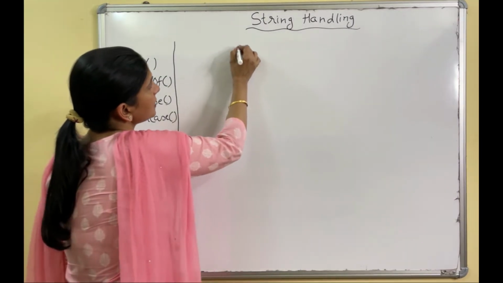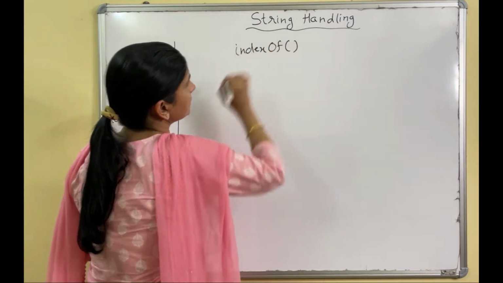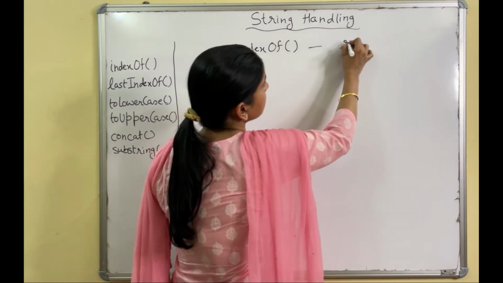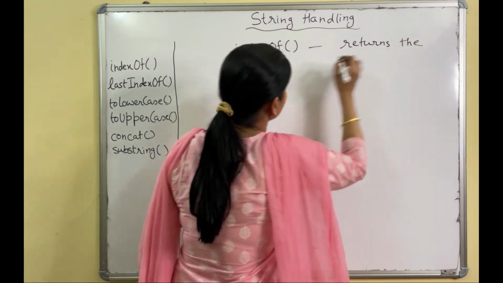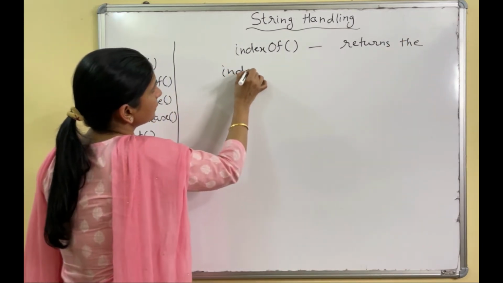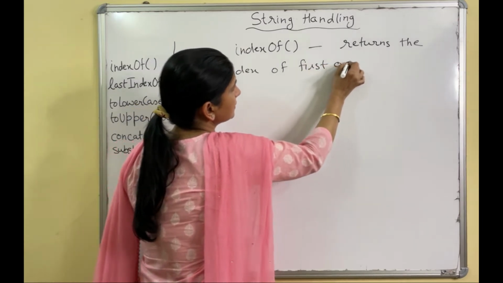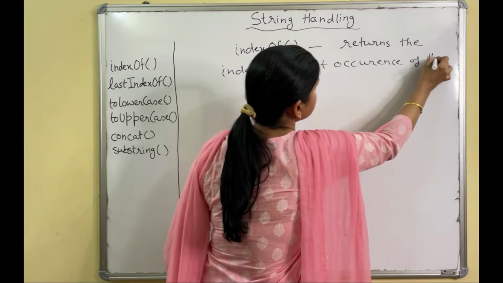So the first method is indexOf. What is the use of indexOf? indexOf returns the index of the first occurrence of the specified character.